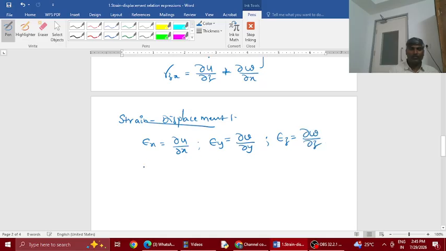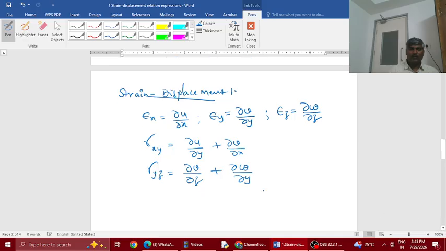These are normal strains. Shear strains: gamma xy is dou u by dou y plus dou v by dou x, gamma yz is dou v by dou z plus dou w by dou y, gamma zx is dou u by dou z plus dou w by dou x.